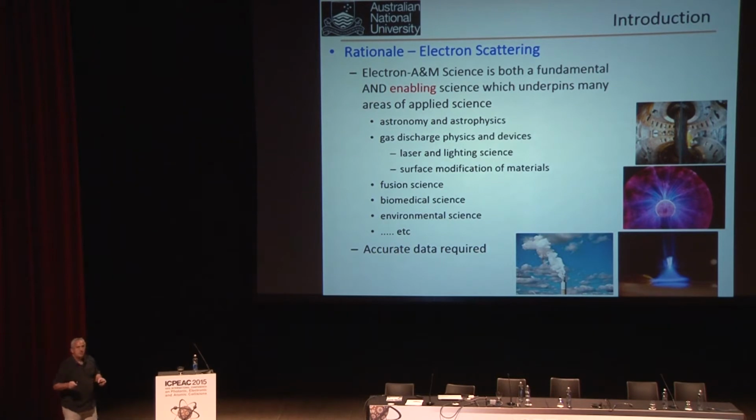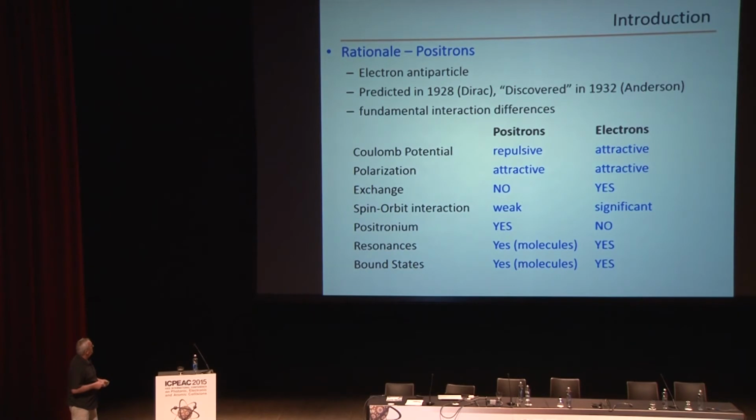We've had many talks during the course of the conference this week that have also focused on applications of electron physics in areas such as plasma, gas discharge, medical plasma, and of course in environmental remediation, where discharge physics is a very important activity. And for all of these things, we really need accurate data at the fundamental level, and that's where the scattering information can feed into applications.